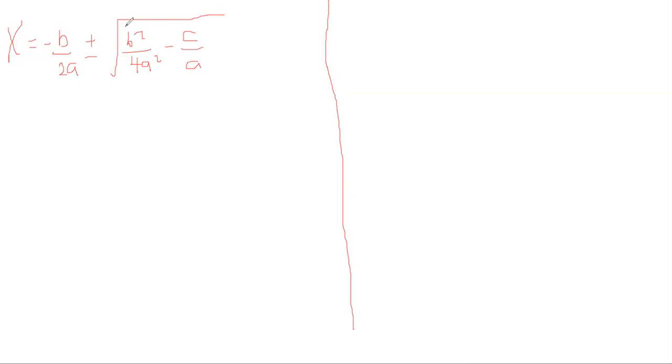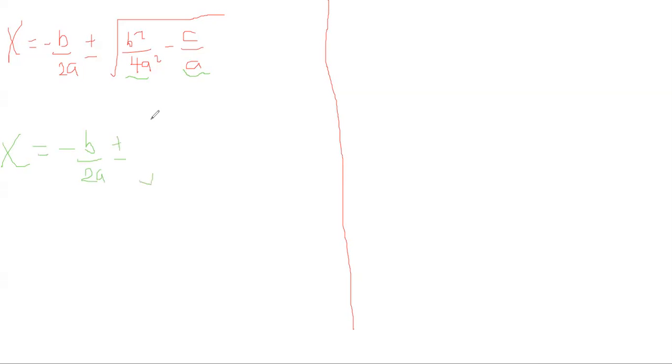And the first thing we should do is to get rid of these fractions. They make work difficult, so we get rid of them. To do that, normally if you want to get rid of a fraction, you find the lowest common denominator of 4a squared and a. We haven't touched the minus b over 2a yet, but we will come back to it.